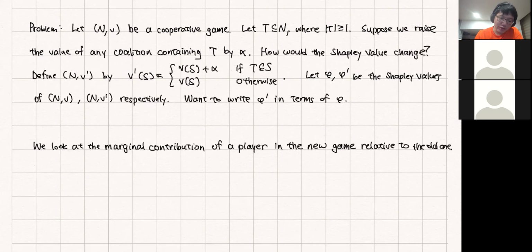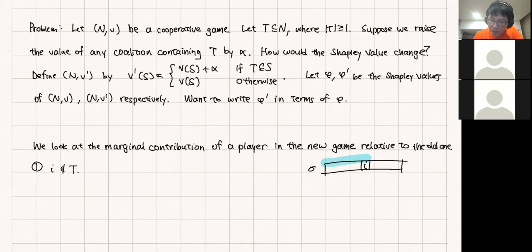We'll have two cases. The first case is fairly simple: we look at the case when my player is not in T. So suppose i is not in T, and we have a permutation sigma with i somewhere in there.